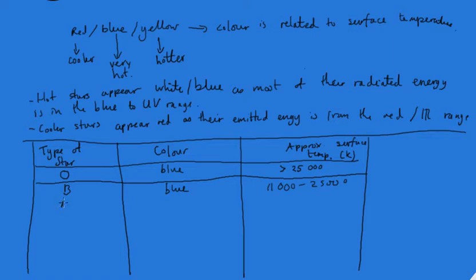And then we get an A star, again that is blue, and this time between about 7,500 to 11,000.